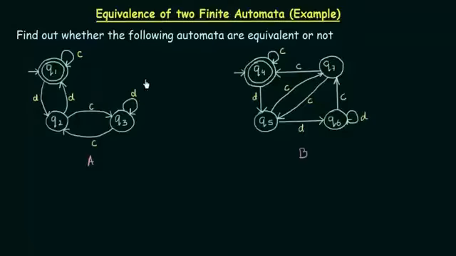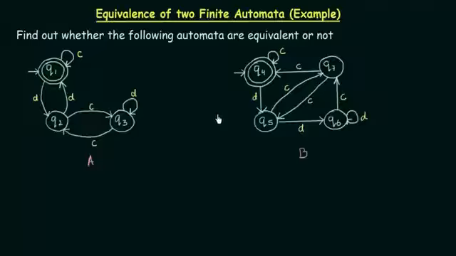So this satisfies one of our conditions. One of the conditions for equivalence was that if in one automaton the initial state and final state are the same, then in the other automaton the initial state and final state must also be the same for them to be equivalent. So this condition is satisfied in this example.